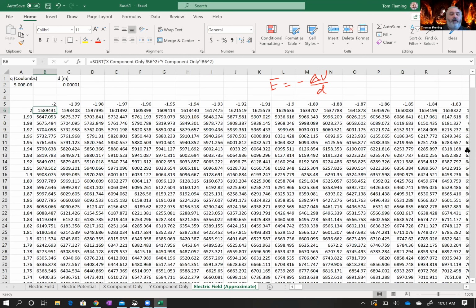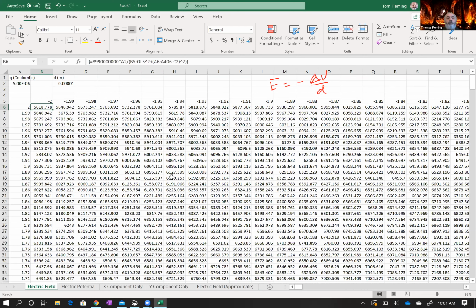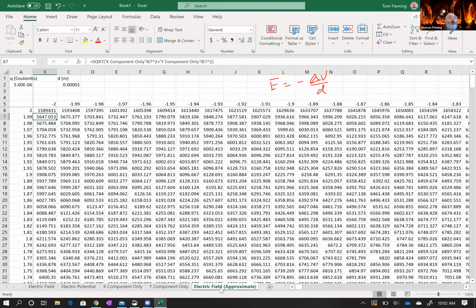Well, if I look here where I'm not on the top row, so at x equals -2, y equals positive 1.99, here I get 5,647 when I do it the approximate way. When I go back and look at the electric field the real way, 5,646. The other one is 5,647. That's really close.